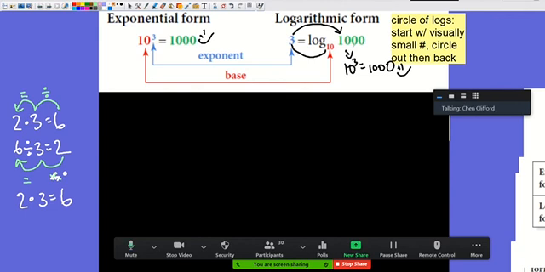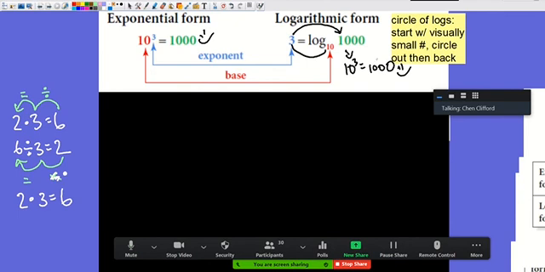I should have said that this circle of logs is a way to check whether or not you arranged this correctly. So use the circle of logs as a check. If you end up getting the same exponent form as this, then you know you did it right.